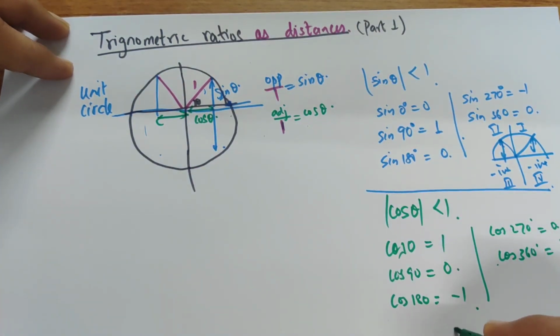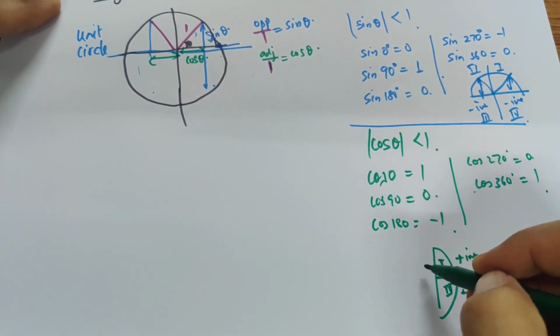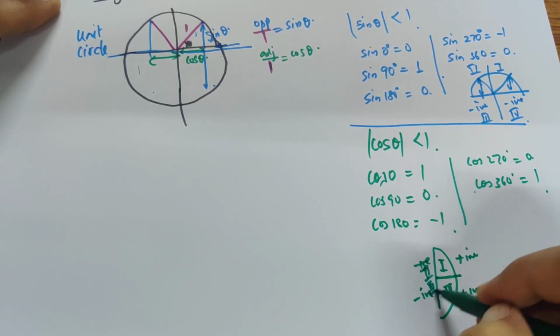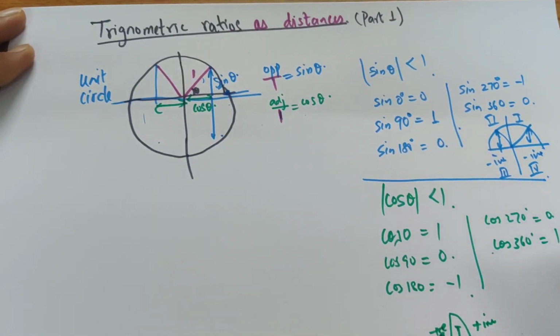So what you see about cos is that it's positive in the first and the fourth quadrant, and it will be negative in the second quadrant and the third quadrant. So you can use the mnemonic, all silver teacups.